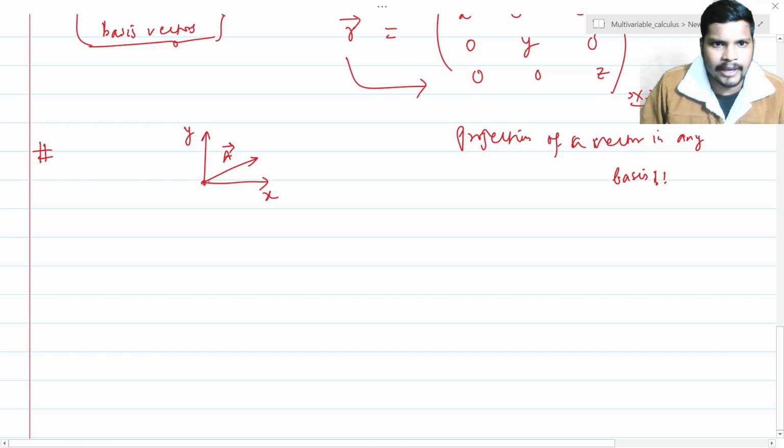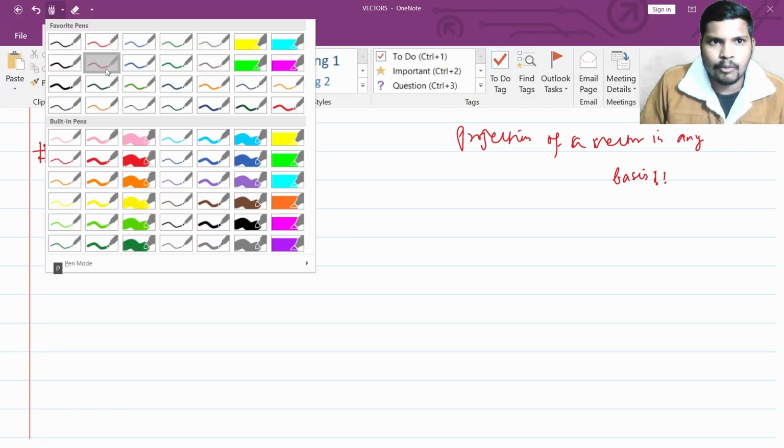Consider that I have x and y. We are in the x and y coordinate system, so it can be represented by x hat and y hat. Any vector making an angle theta with x hat, I can always find the projection of this vector on x hat.